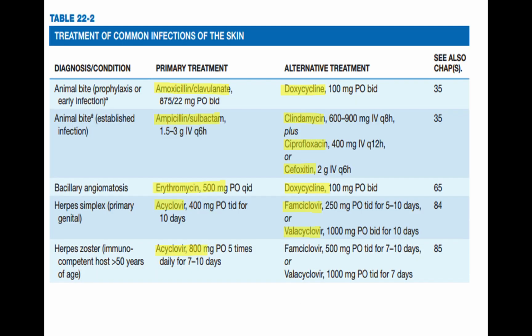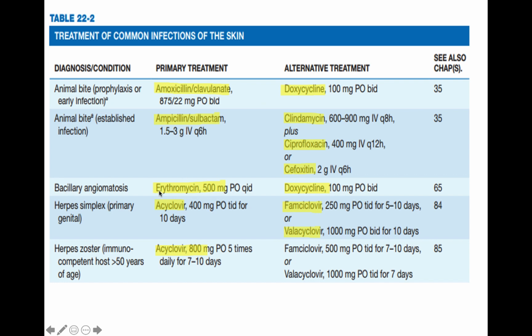So what are the treatment of the common infections of the skin؟ مثلا animal bite، شو حكينا عنهم هذول. So you want to give amoxicillin with clavulanic acid with the alternative treatment to being doxycycline. Animal bite, you have an established infection, ampicillin with sulbactam. Alternative treatment, clindamycin plus cipro or cefoxitin.